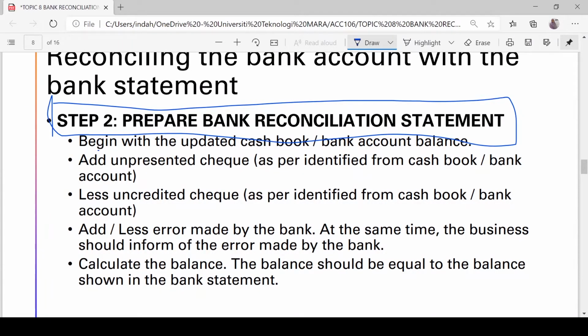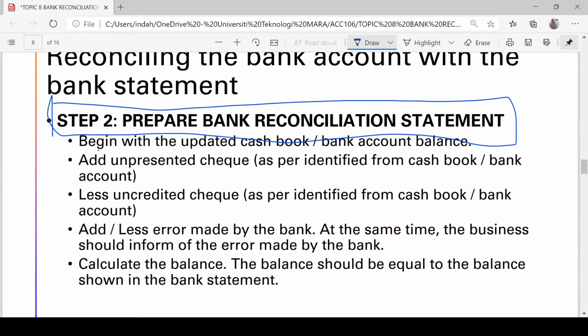So to match with the bank balance, because it is not there in the bank statement, we are going to add it again. But we are not going to adjust the cash book because the transaction already happened. In the bank reconciliation statement, we show it as an unpresented check.